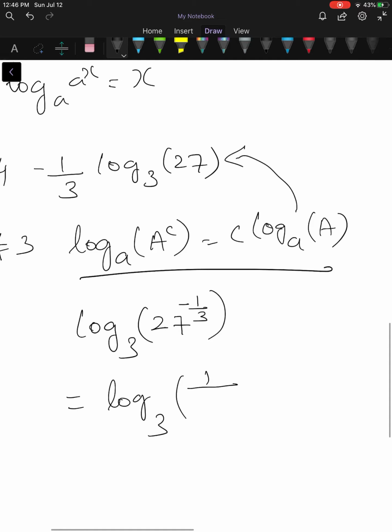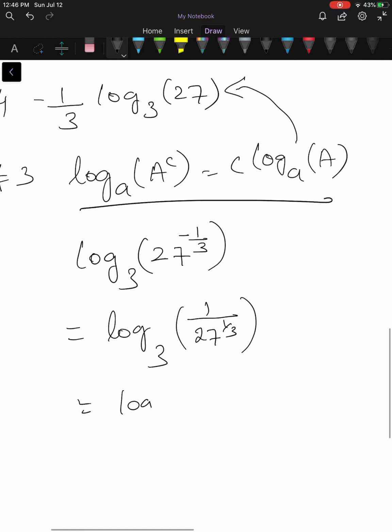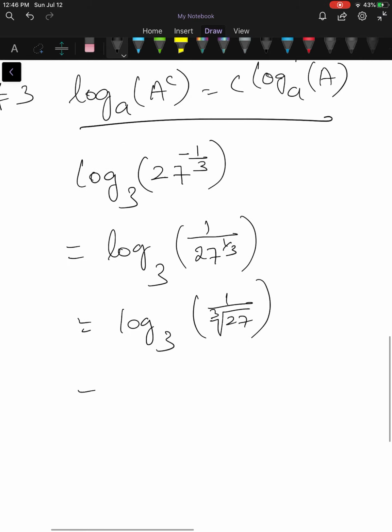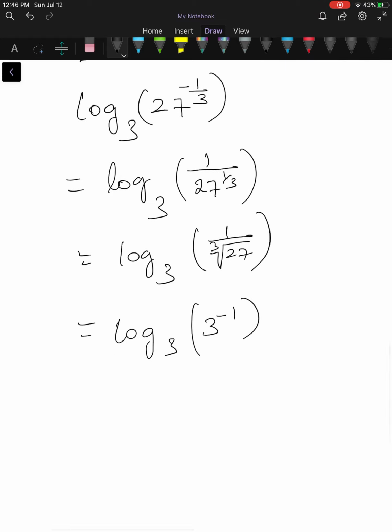So that would be nothing but log 3 of 1 over 27 to the power of 1 over 3, correct? So this is nothing but log to the base of 3 of 1 over cube root of 27. So what is cube root of 27? That is log 3 of 3 itself, right?